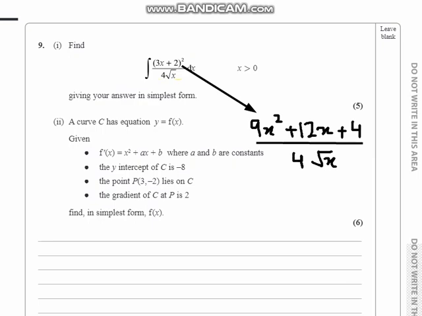Now if you notice, I have powers: x squared, that's a second degree polynomial, 12x the first one, and 4 the normal number, and in the denominator I have a root of x. That doesn't quite make it good to divide.